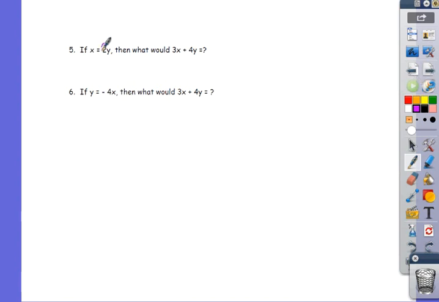If x is 2y, what would 3x plus 4y be? So x is 2y. We're still going to put that in place for the x. So we have the 3, and then in place of the x, we're going to put 2y plus 4y. Okay? Now, because there's still a variable in here, what we're really doing is just simplifying this.